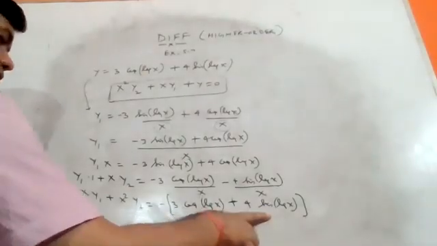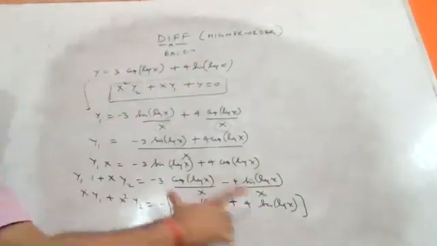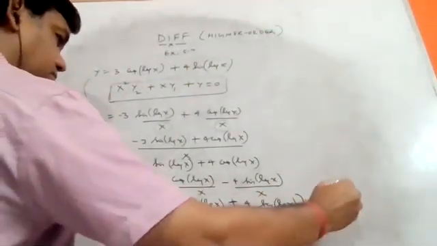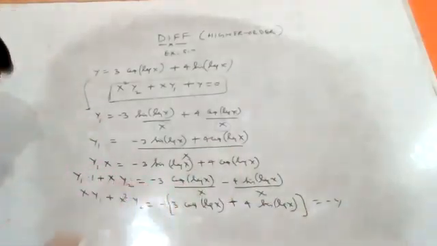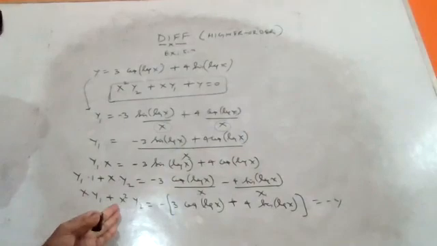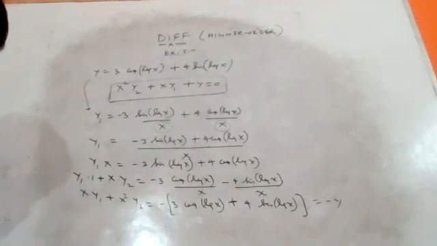Because this quantity is referred to as y. If this is y, we can write this as equal to minus y. Shifting it over, you will get x square y2 plus x y1 plus y equal to 0. So in this manner or process, you can solve such types of questions.